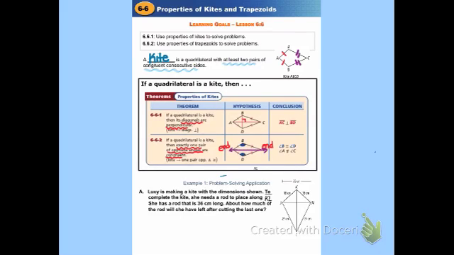A symmetry line is basically like a mirror, and anything on one side has a reflection image, something that's exactly congruent to it, on the other side. So if we know that the diagonal that goes to the ends is a symmetry line, then we know these two angles we were just talking about, angle B in this case and angle D, have to be congruent because they're mirror images of each other.